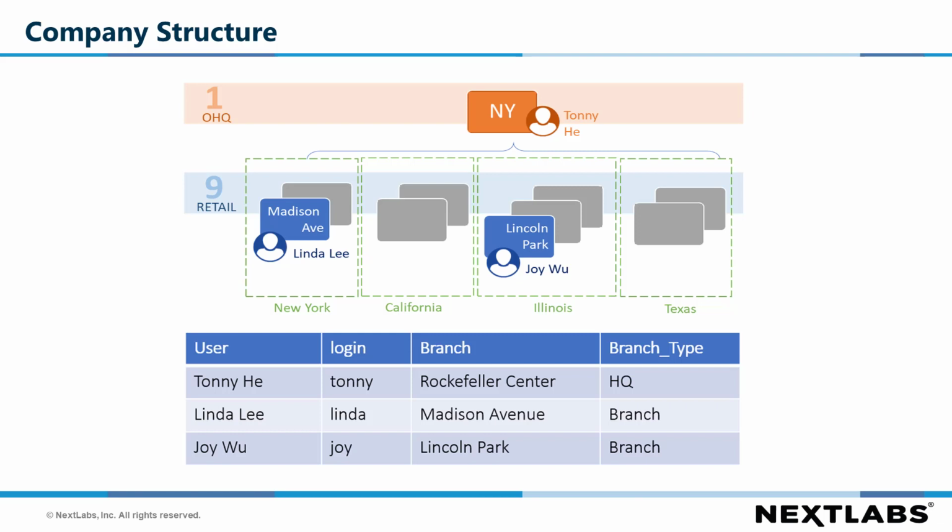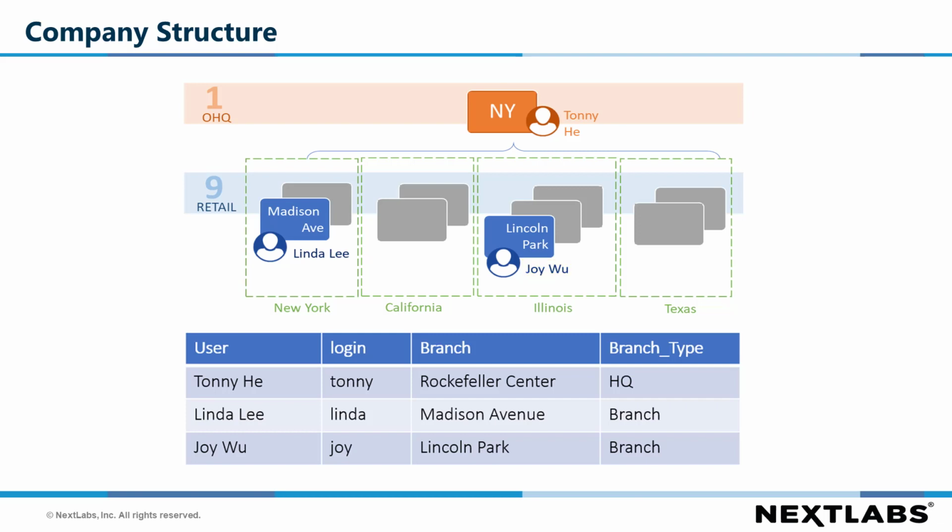For this demo, we will have a couple of test users from select locations stored on our use cases. We will be using Tony from the head office in New York, Linda, who is the branch manager of our retail location in Madison Avenue, and Joy, who is the branch manager of our retail location in Lincoln Park in Chicago, Illinois.